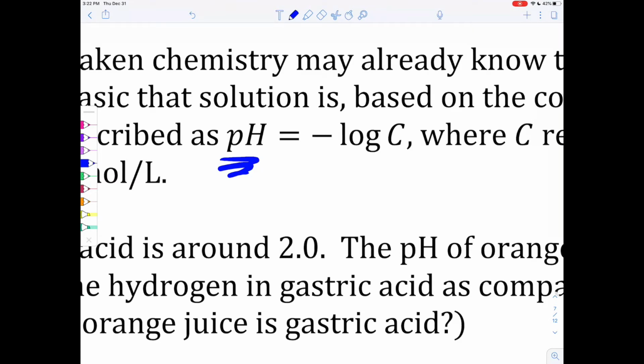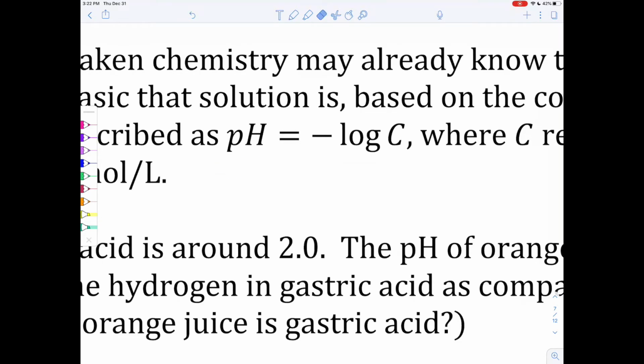It refers to the concentration of hydrogen ions in a solution, and that tells you how acidic or how basic that solution is. And the equation for it is that the pH is equal to negative log C, where C is the concentration of the hydrogen ions in that solution in moles per liter. So that's the link between them.